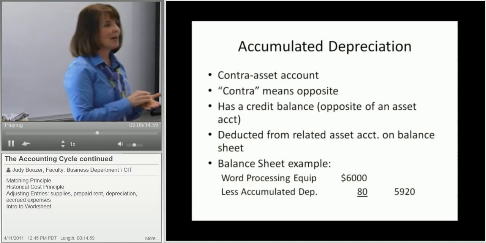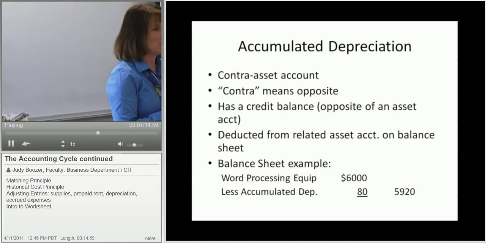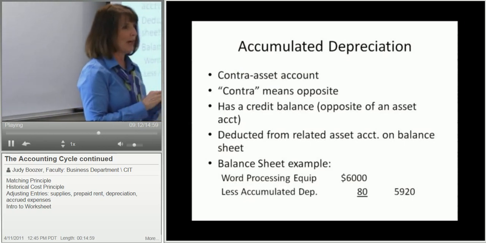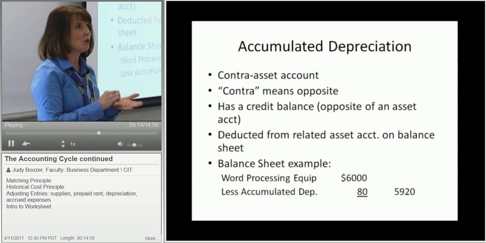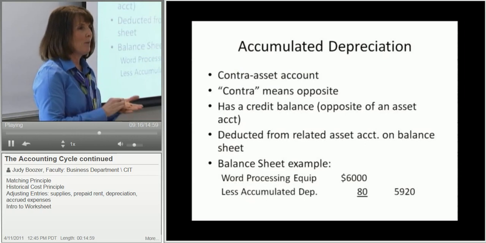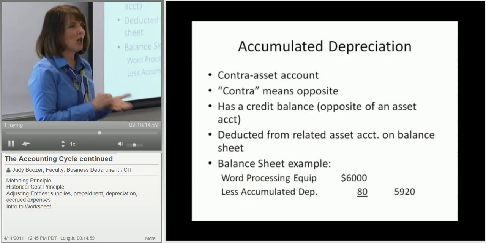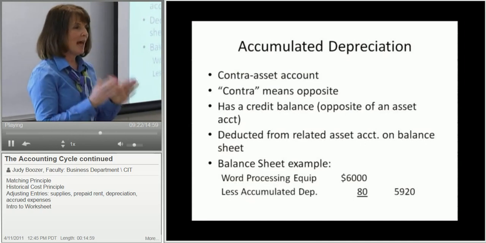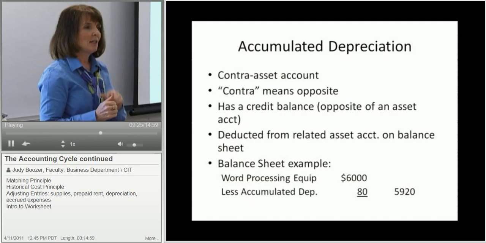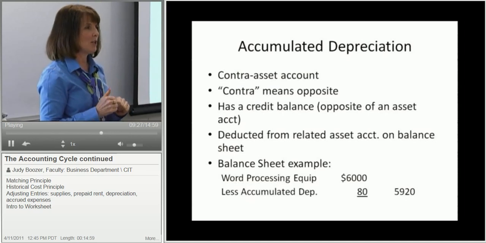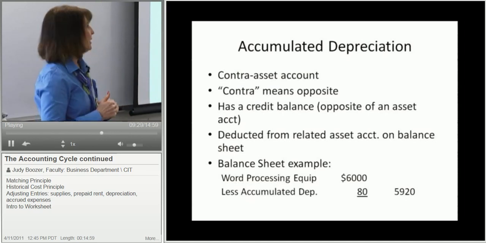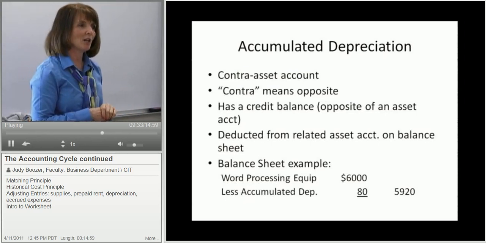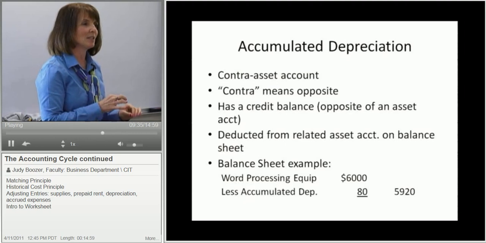Now, oftentimes it's called accumulated depreciation, and it also has the asset attached to it, like maybe it's accumulated depreciation for equipment. Maybe it's accumulated depreciation for a vehicle. So each asset could have its own accumulated depreciation account attached to it. Now, this accumulated depreciation account is called a contra account.